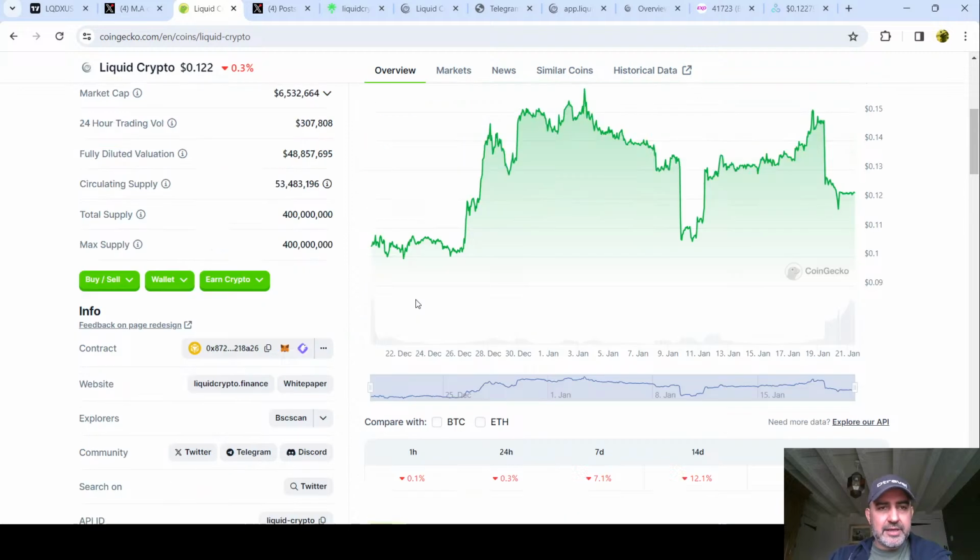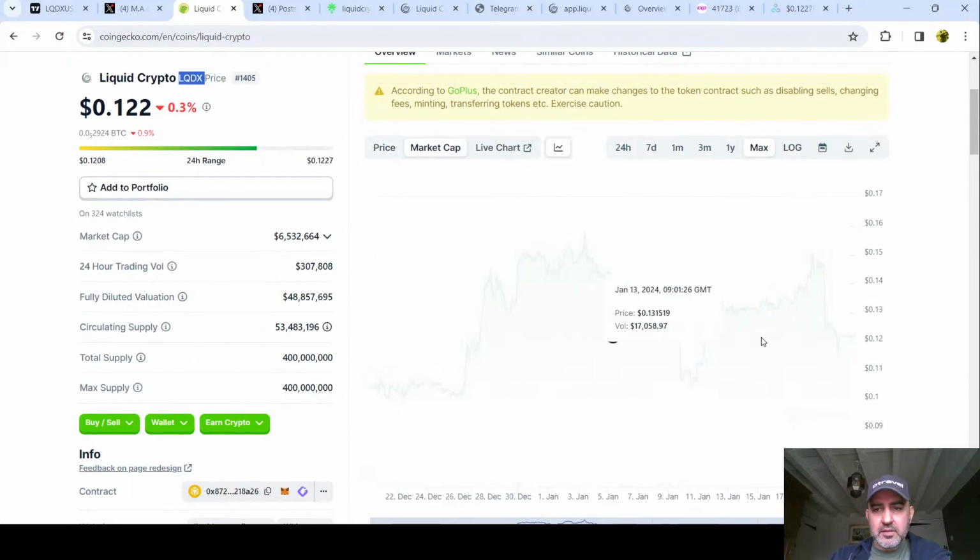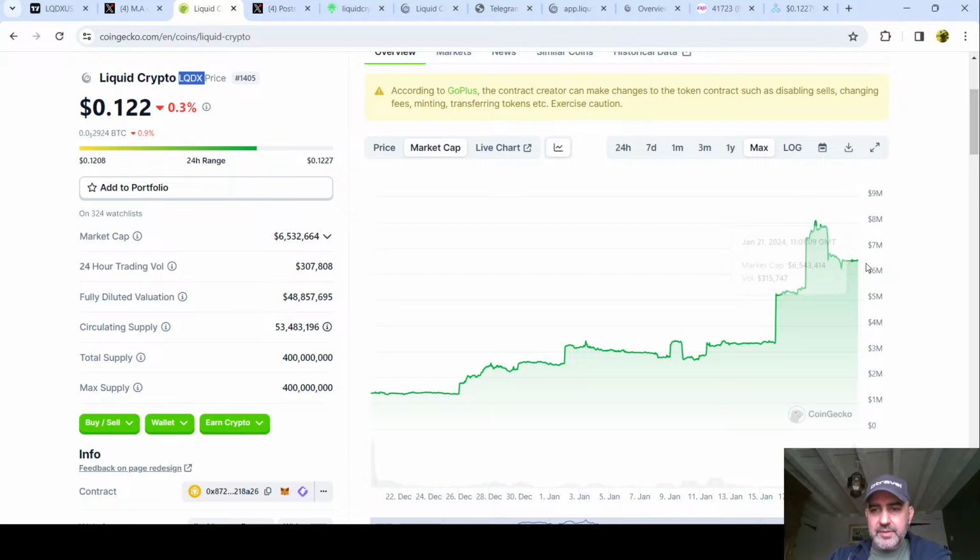At the moment, the market cap is $6 million, and the volume of trading is quite high, huh? Like 300,000. It's quite good, got quite good volume, yeah. But it's always had pretty good volume, huh?